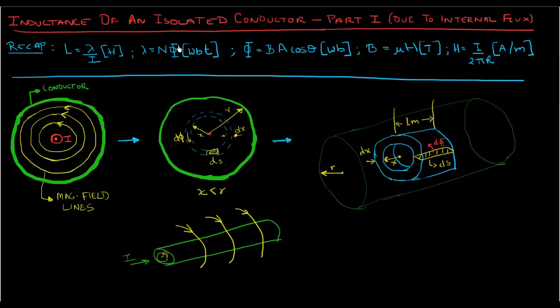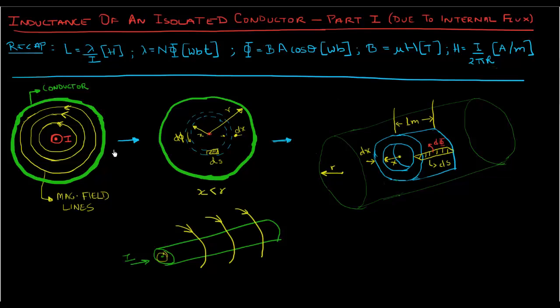The other thing I want to bring to your attention is we're talking about an isolated conductor. Now, this is not a practical case because generally you'll always have another conductor that's the return conductor. But what we're imagining here is the return conductor is a distance so far away that the current through the return conductor is not affecting the flux of this conductor, right?